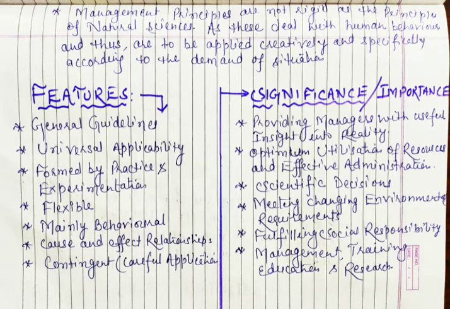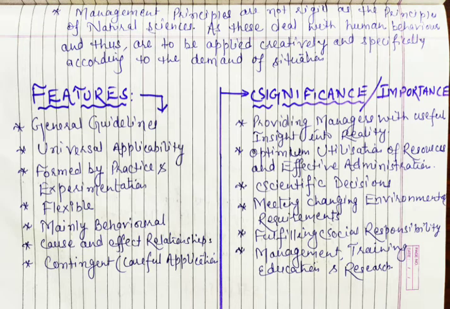So this principle states that there should be one boss ordering the subordinate, one subordinate. So by applying this principle, the subordinate will do his work carefully. This is the effect. So there must be a cause and effect relationship between the situations.